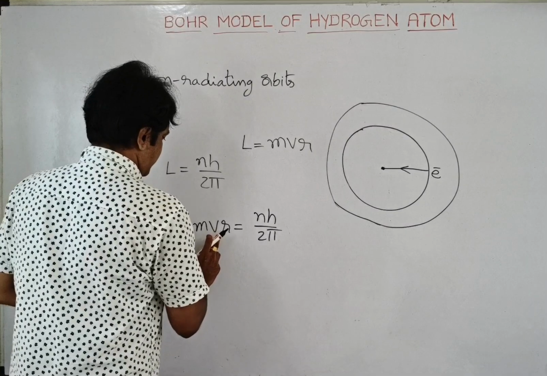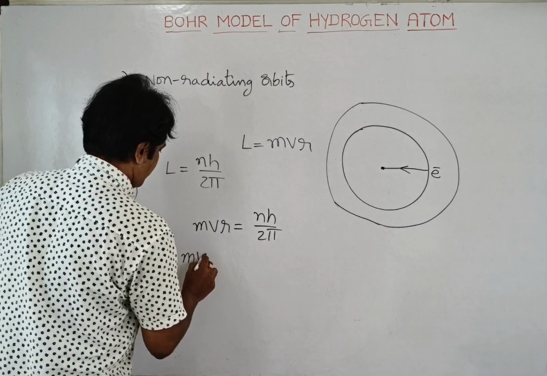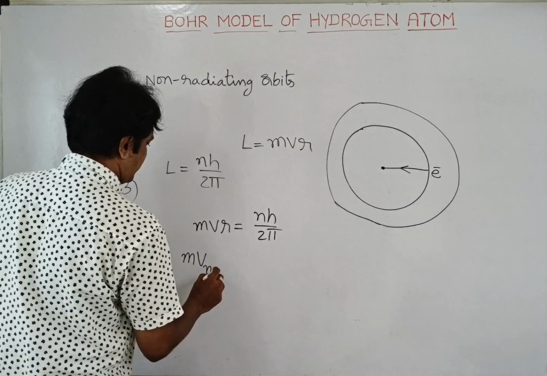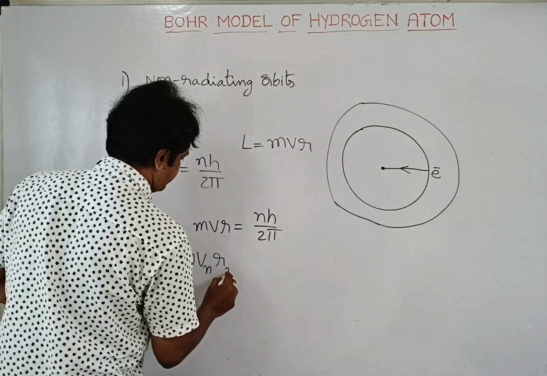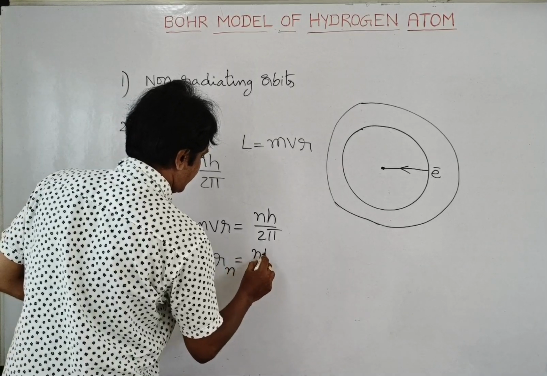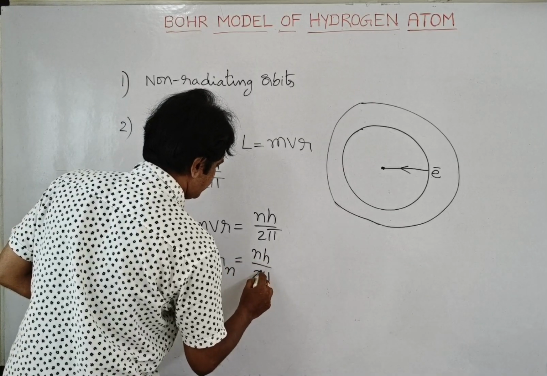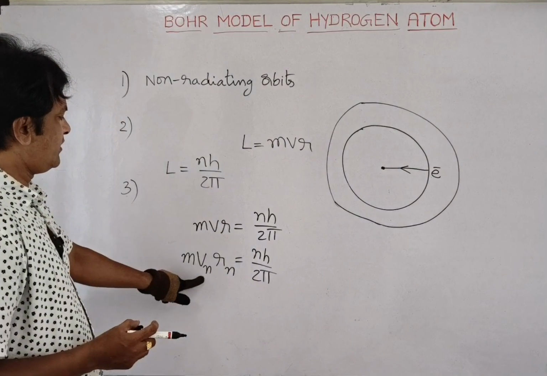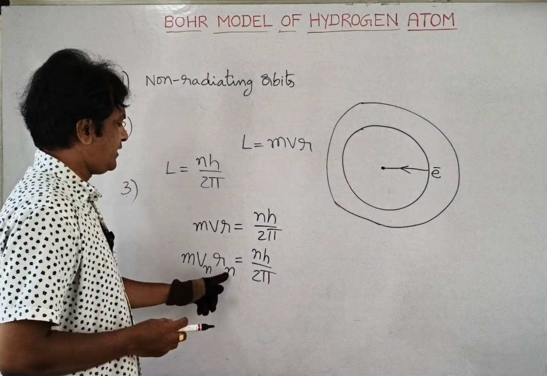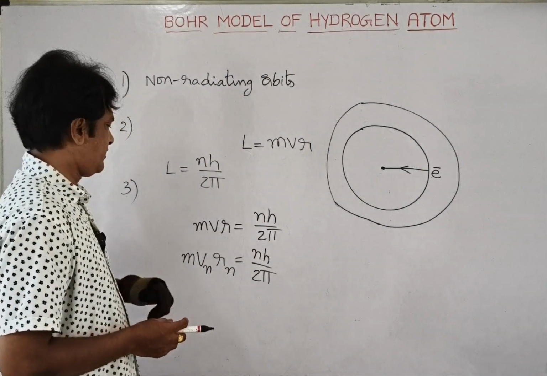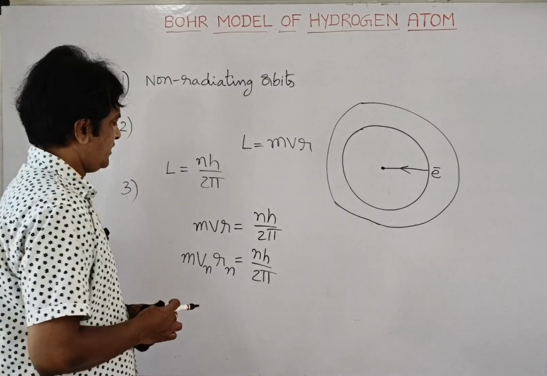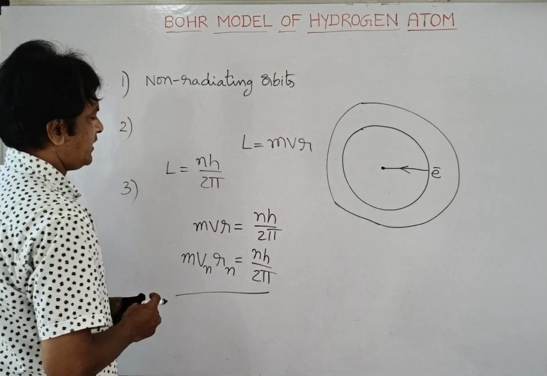In general form, when you consider more than one orbit in the atom, you can write m Vn Rn equals nh by 2 pi. Vn and Rn are the velocity of the electron in the nth orbit and the radius of the nth orbit. Mass is always constant. In general form you can write it like this.